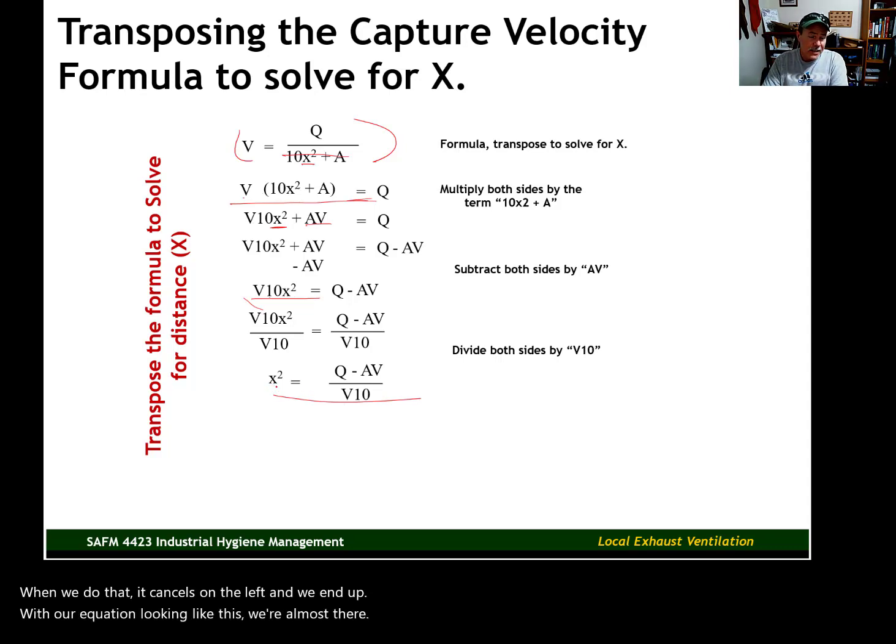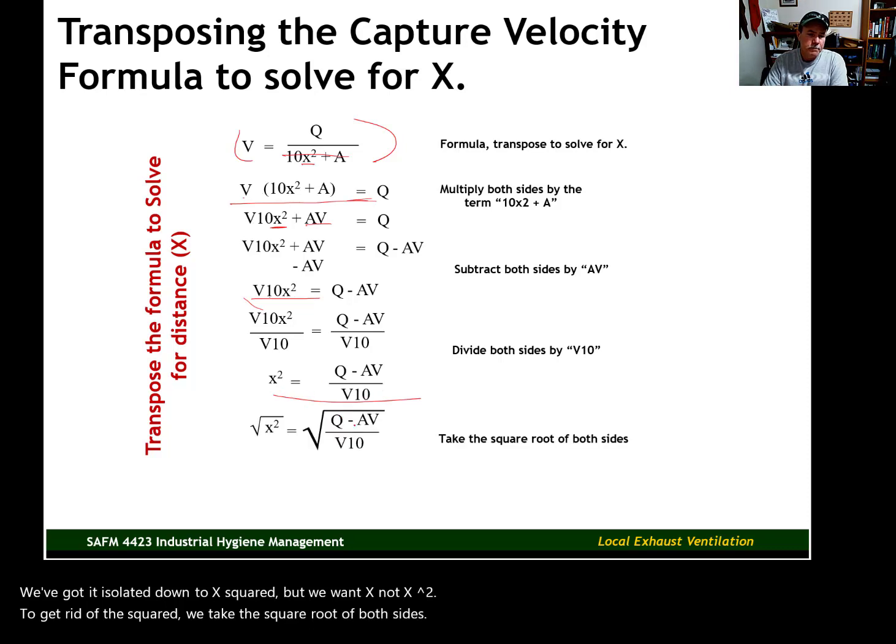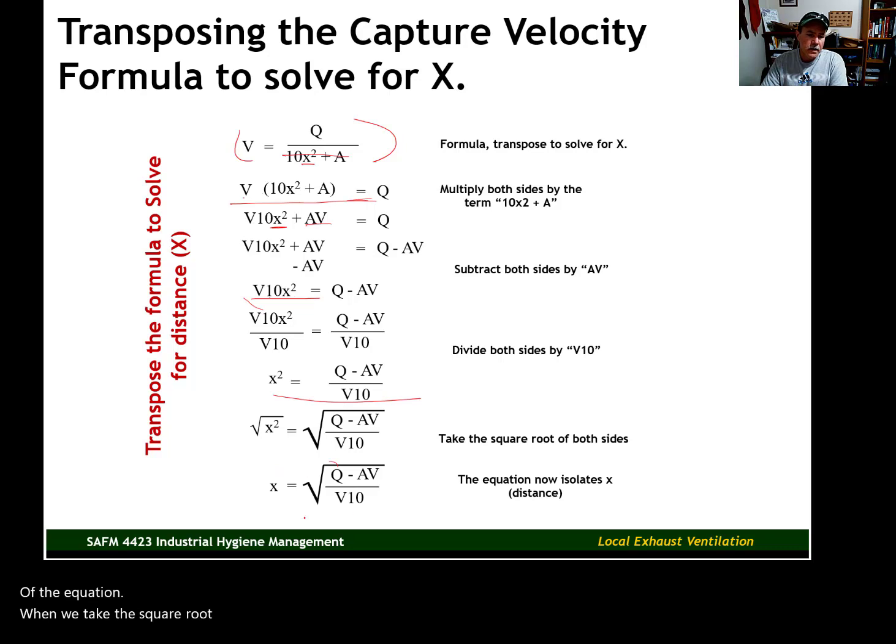We've got it isolated down to x squared, but we want x, not x squared. To get rid of the squared, we take the square root of both sides of the equation. This is what we're left with. x equals the square root of q minus av divided by v times 10.